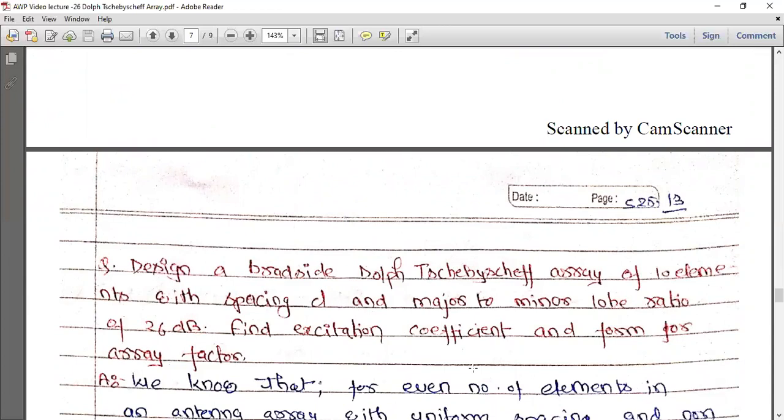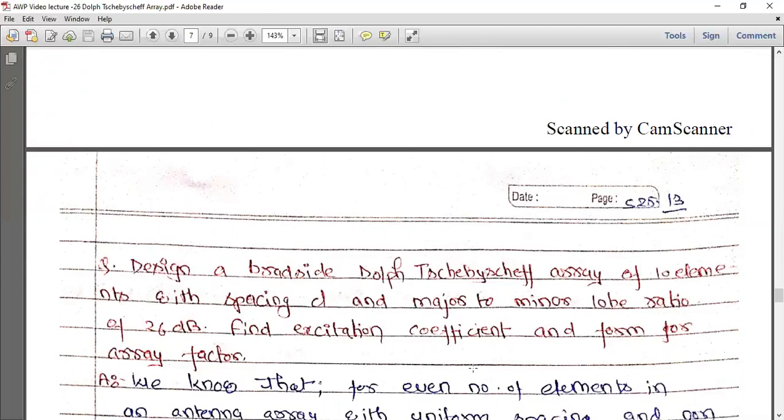Now what is the meaning of major to minor lobe ratio being 26 dB? This means that the ratio of the maximum value of the major lobe to the maximum value of the minor lobe, when represented in dB, gives 26 dB. In other words, the maximum value of the major lobe is 26 dB more than the maximum value of the minor lobe.